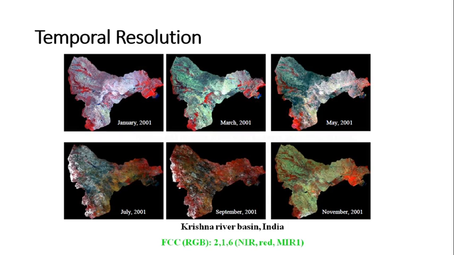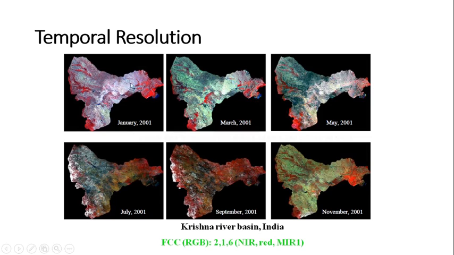A simple example is the Krishna River Basin. It shows the MODIS data product from January to November 2001. I have shown you different images of the Krishna River Basin in different months of 2001. Images of different months of the year help us differentiate the forest area, perennial crop, and short duration crop.